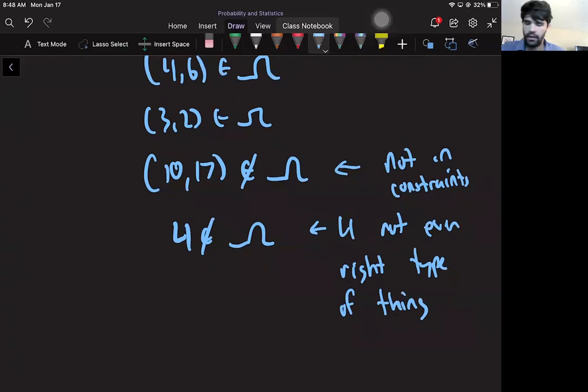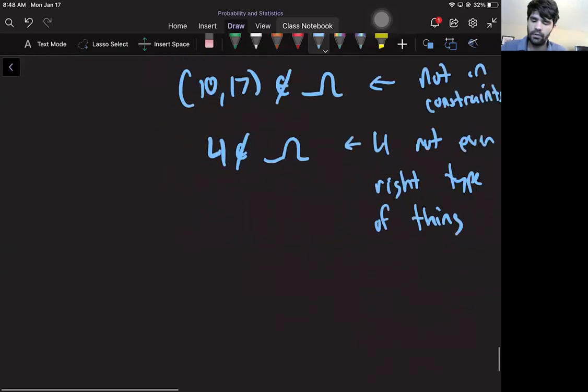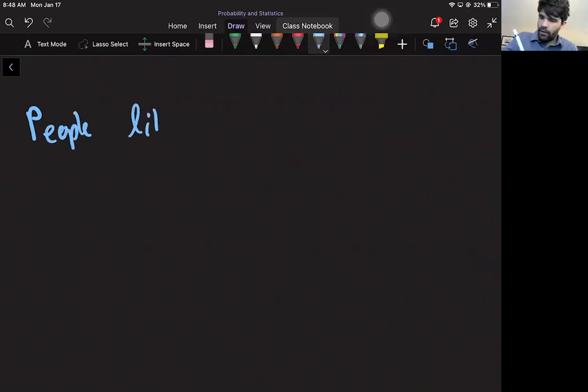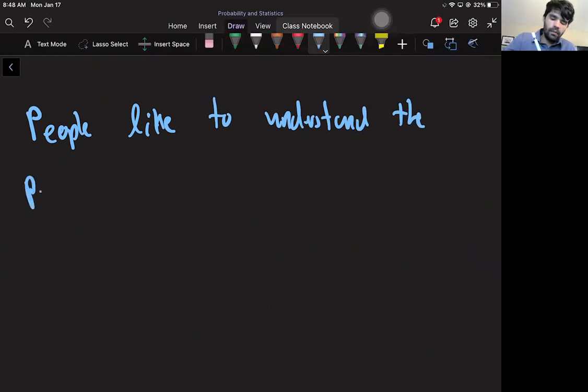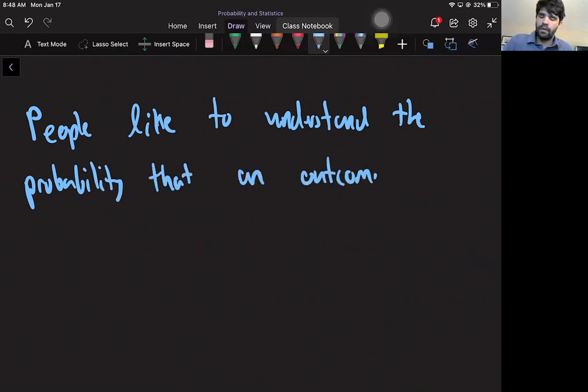Okay, so then moving towards probability a little bit more. So far we haven't really talked about probability much. People like to understand the probability that an outcome, so something in the sample space in the list, will occur for an experiment.